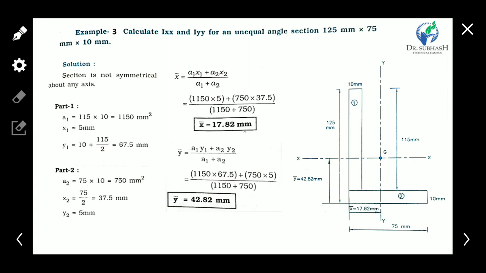Now for part 2, area is 75 into 10, which is 750 mm square. Now y2 is the distance from the CG of the second element to the reference axis at the base, so the distance is half of 10, that is 5.